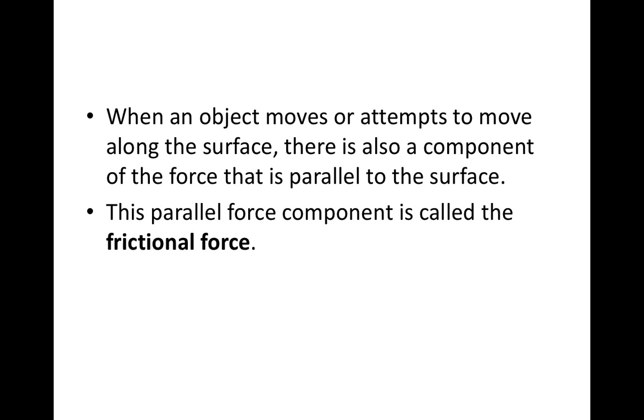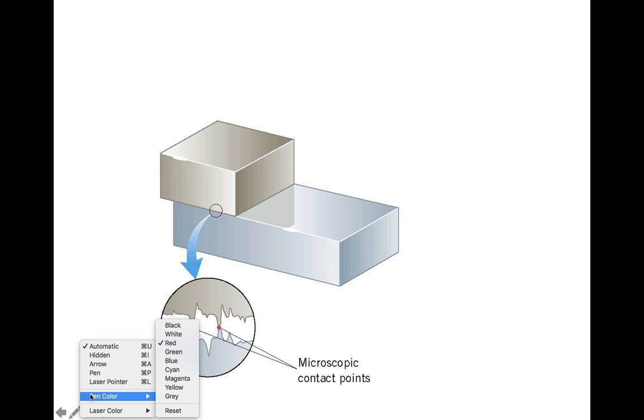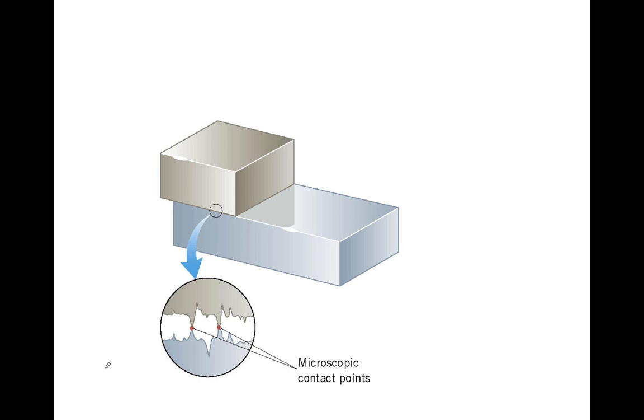Okay, when an object moves or attempts to move along the surface, there's also a component of the force that is parallel to the surface. This parallel force component is called the frictional force. So when two surfaces are in contact together, even though the two surfaces can appear to be very smooth, there's always some roughness between the surfaces.